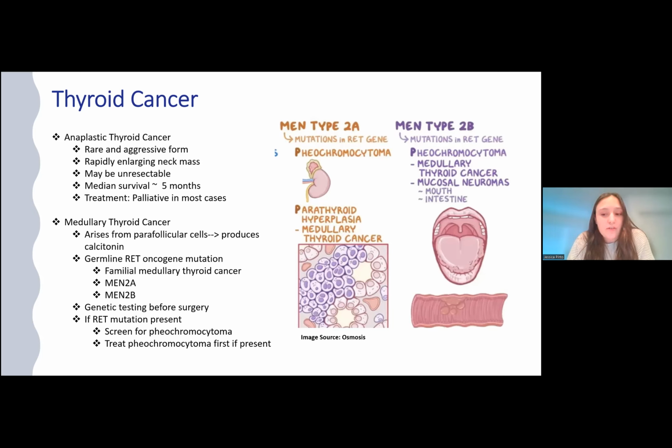As you know, the medullary thyroid cancers are associated with RET oncogene mutations, and so getting a really good family history, considering genetic testing, and making sure that you screen for pheochromocytoma before pursuing any surgical approach to your thyroid carcinoma in this case is very, very important. And I've included this really cute looking figure from, I think, Osmosis on the different P's associated with MEN2A and 2B.